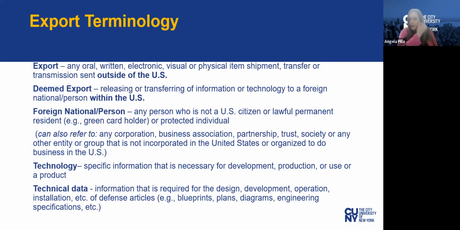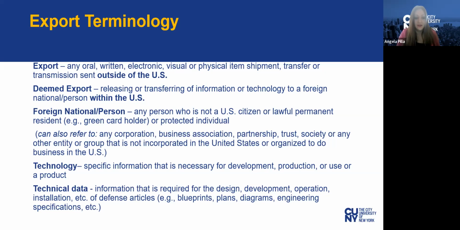Okay, so before we begin, just some terminology that you're going to hear throughout the presentation. For export controls, an export is any type of oral, written, electronic, or visual information or item that's physically sent out of the United States, whether it's transferred, transmitted, whatever word you'd like to use.